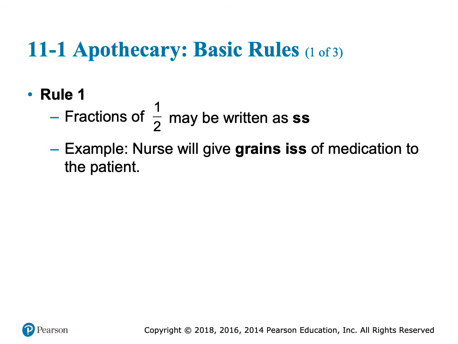So let's talk about some basic rules when working with the apothecary system. The first rule is that fractions of 1/2 may be written as SS. That is the abbreviation for 1/2. An example that you might see is the nurse will give grains ISS of medication to the patient.